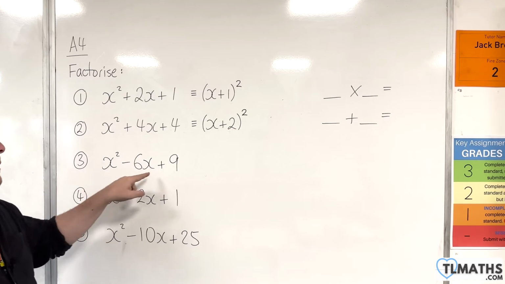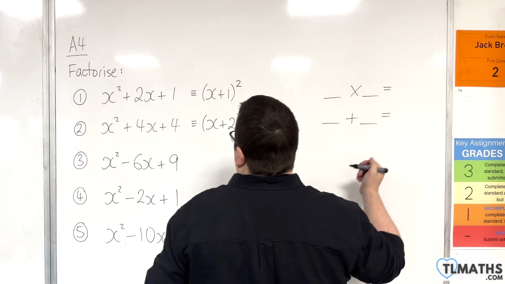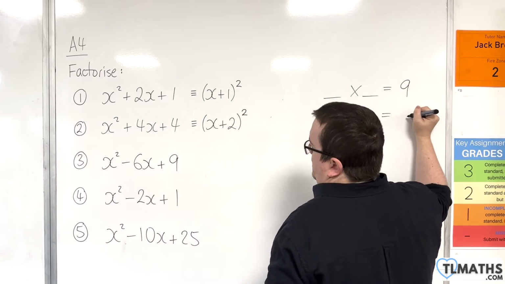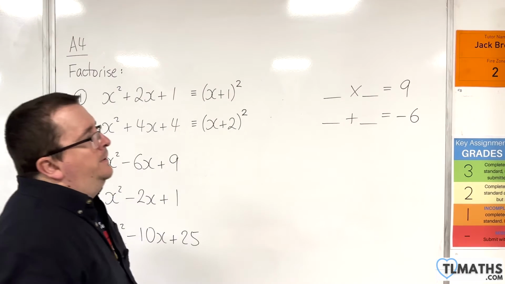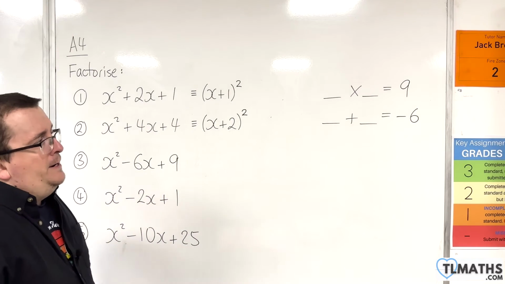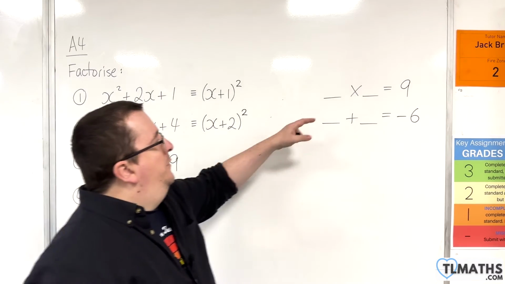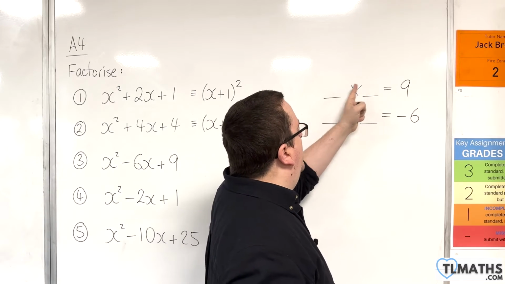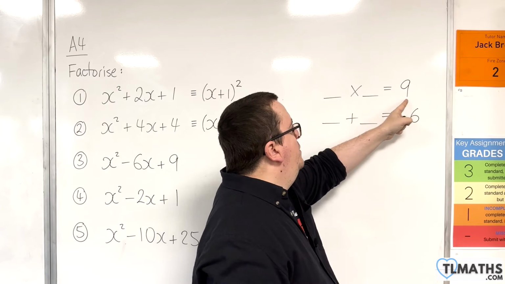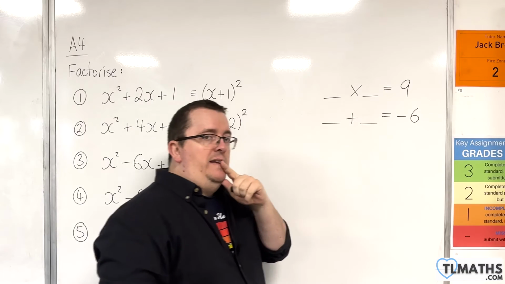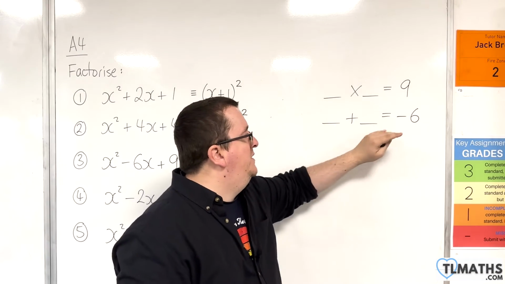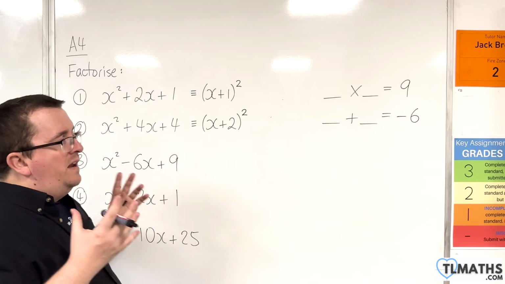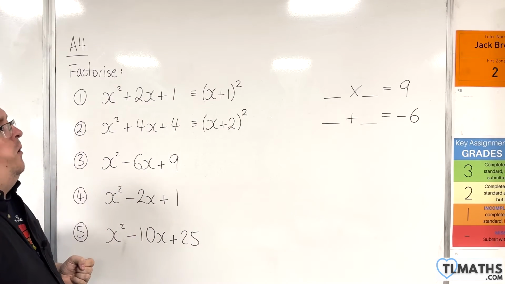So number 3, x squared take away 6x plus 9. So we're looking for two numbers that multiply together to make 9, but add together to make minus 6. So they're either both positive or both negative, but because we're adding them together and we're getting a negative, they both have to be negative.